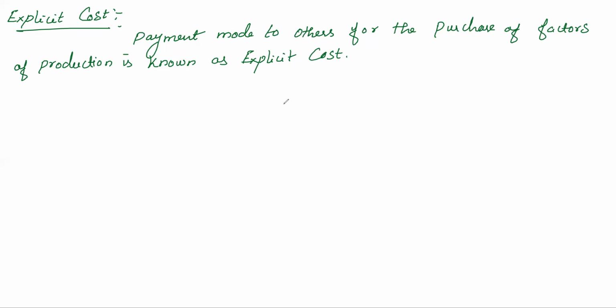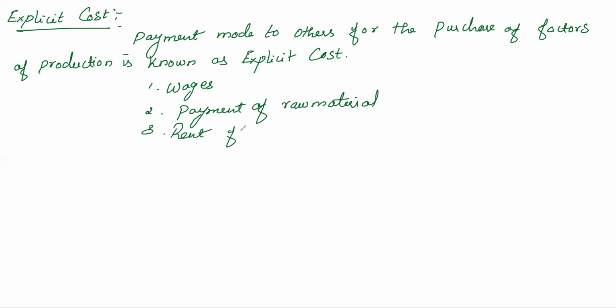So explicit cost includes first one, wages, then payment of raw materials. All of this is visible to us. Then rent for building, then fourth one, interest for capital invested.